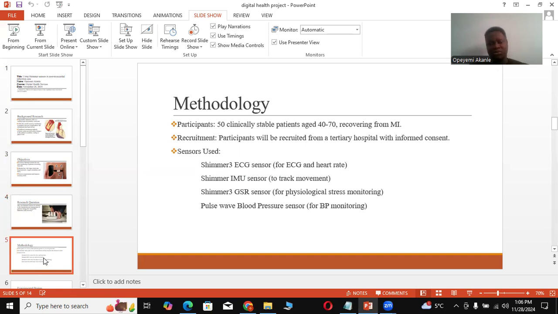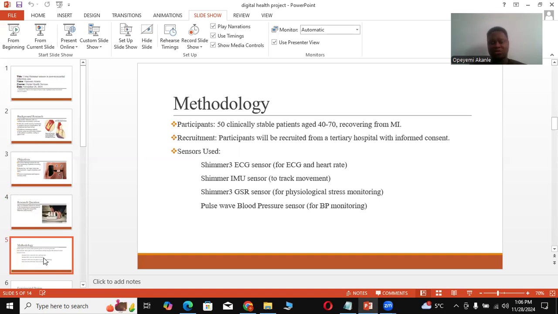So we're going to recruit these patients from tertiary hospitals with informed consent, in collaboration with the cardiologist as well, which are the primary care provider to this set of patients in the tertiary institution.